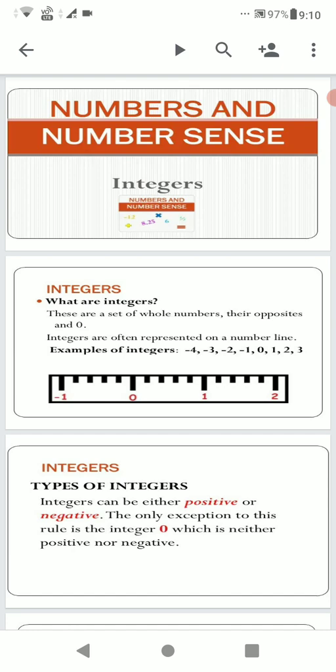Less than 0 is written as -1, less than 0 is written as -2, less than 0 is written as -3 and so on. In general, we use a positive plus sign with numbers that are above 0 and a negative sign minus with those that are less than 0.